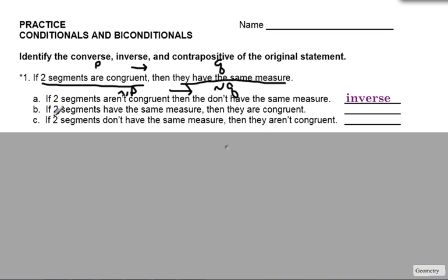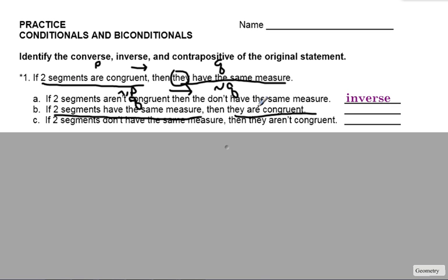Okay, the next one, two segments have the same measure. If two segments have the same measure, well, right here, they, referring to the two segments having the same measure, is dealing with our Q. They are congruent. They being the two segments are congruent.